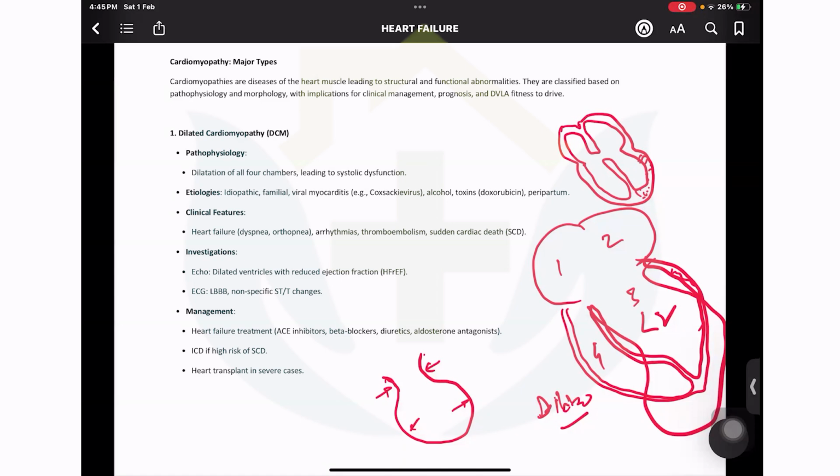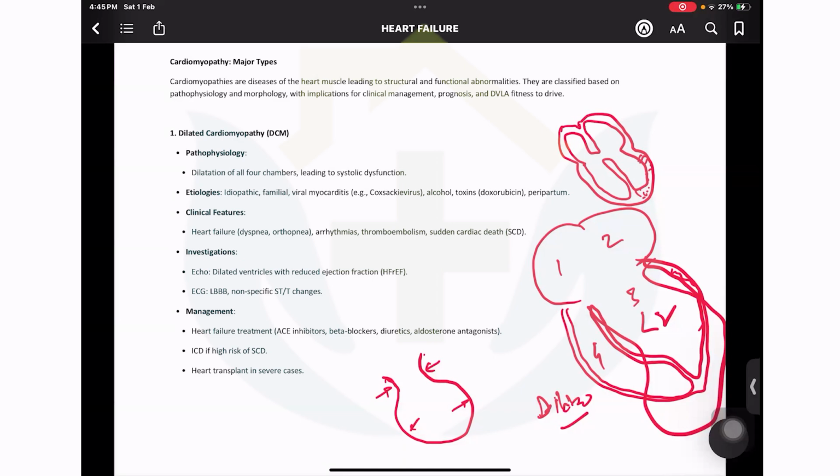Then because this heart is dilated, not only the left ventricle but also the atria, and the atria, we know, have the bundle of Kent and the SA node to AV nodal connections, when they are stretched there are chances of arrhythmias and conduction abnormalities.